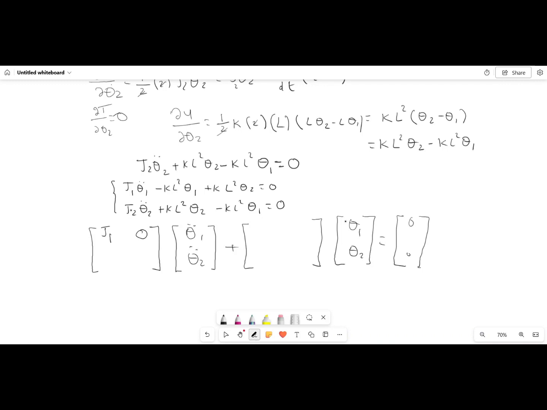Theta double dot 1, do we have it in the expression of 2? There is no theta double dot 1, so this side should be 0. Now, theta double dot 2. Do we have it in the expression of 2? Yes, we do have it. Because of that, this should be J2. Now remember, guys, this diagonal should always be the same when you do this equation. If you get them different, it means you are making a mistake somewhere.